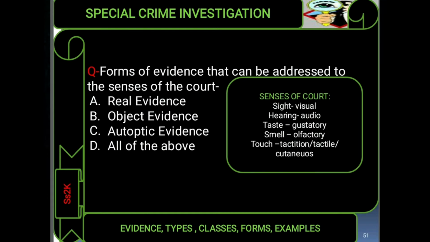So ano nga ba yung mga composition ng court? Diba? Jurisdiction, judge, and venue. At sino nga ba ang may sense doon? Yung judge. So kung ano ang sense ng isang normal na tao, yun po ay sense ng judge. Diba? So what are the senses of court?